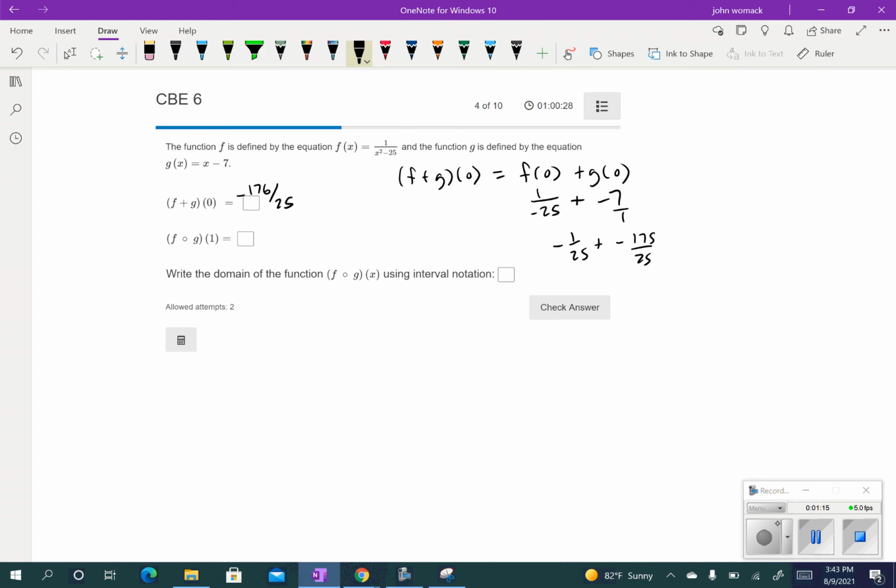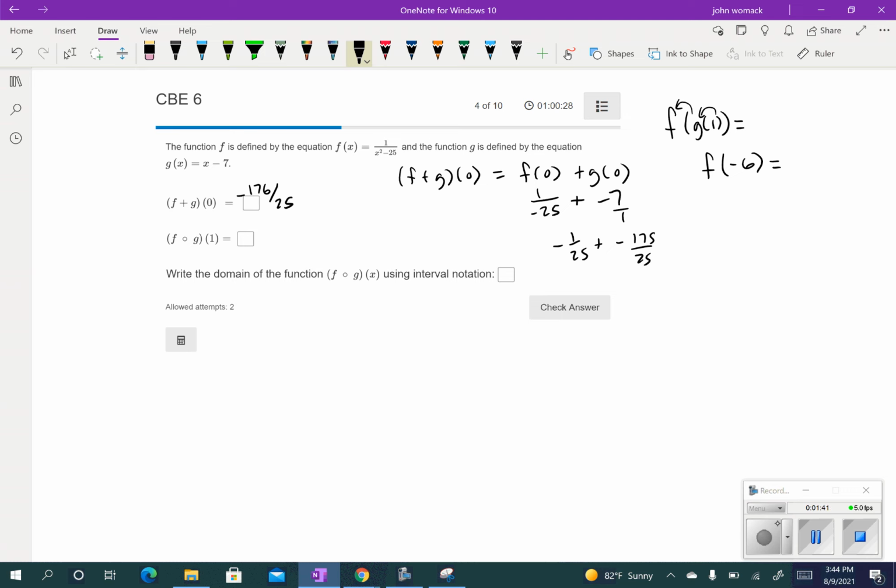And again, I could write that as a mixed number or a fraction. Like that would work. Okay, the second part wants me to find f of g of 1. So f of g of 1, I'm going to write it this way. F of g of 1 means I plug 1 into g first, and whatever answer I get back out, I plug that into f. So if I plug 1 into g, 1 minus 7 is a negative 6.